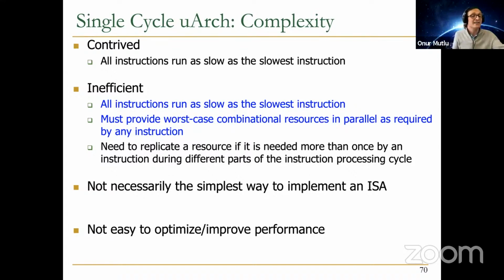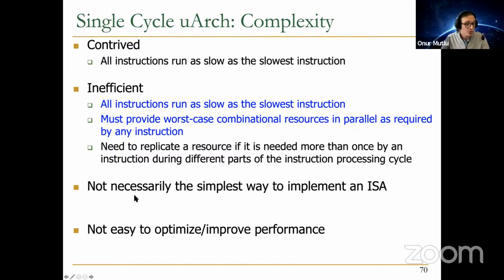You need to provide another ALU or another adder, let's say, to compute the branch target address, while you can also compute the branch condition, right? But if you can have multiple cycles to do these things, you can use the same ALU for different purposes in different clock cycles by using different control signals, right? That's the idea, basically. So this is very inefficient because you need to keep adding hardware resources so that you can do everything that's specified by an instruction in a single cycle concurrently.